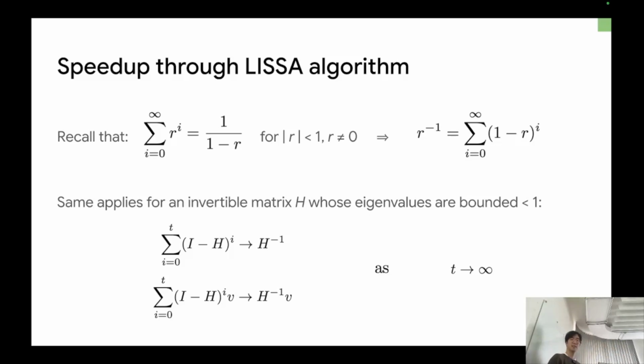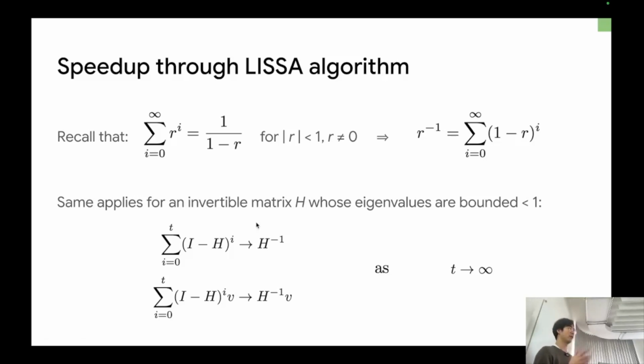Then I turn this into this expression by replacing R with 1 minus R everywhere. I have the infinite sum over 1 minus R to the power of i, and on the other side 1 over 1 minus R, which is exactly R inverse. So we can write R inverse as this geometric sum.